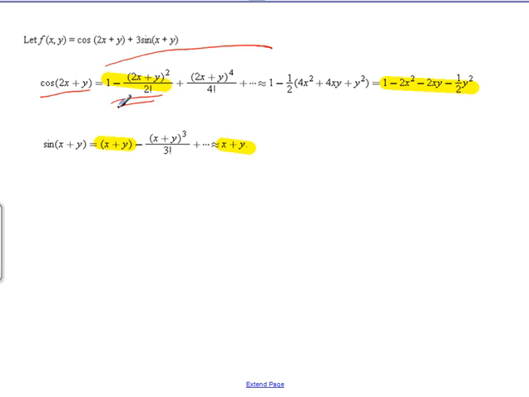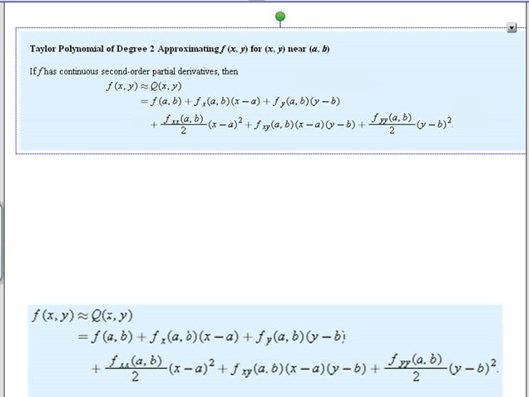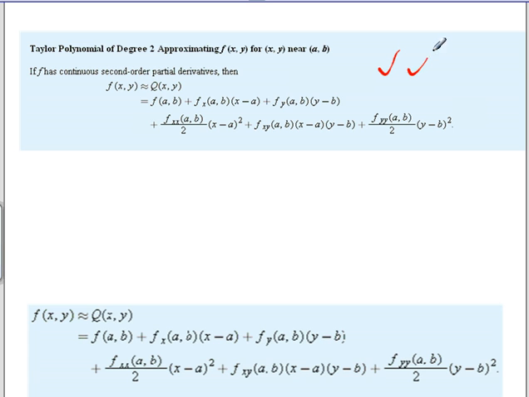and the highlighted part is our quadratic. Similarly, here's sine of x plus y written in our Taylor approximation, and the highlighted part is our second order Taylor approximation. So here's the general equation. We saw it before, but you may want to pause this video and write this down in your notes.